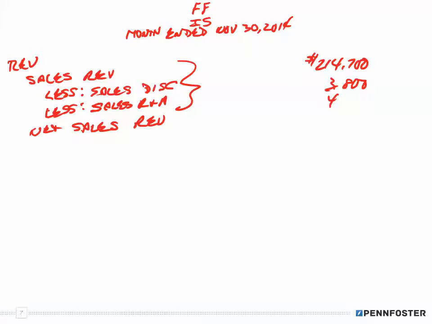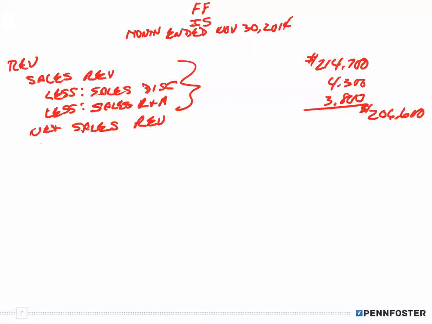Oops, I got those backwards. Which gives me 206,600. So I do the math, and remember the total goes over into the next column.